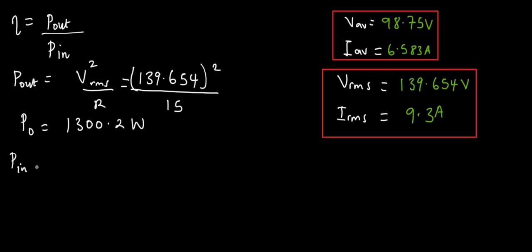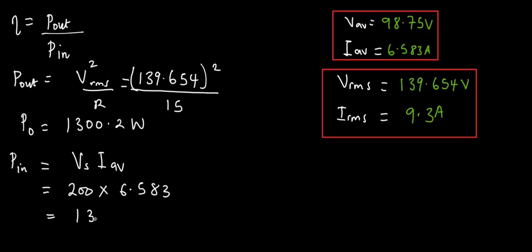Then P in, same thing as Vs multiplied by I average, which is 200 times our I average, 6.583. So this gives 1316.6 watts.